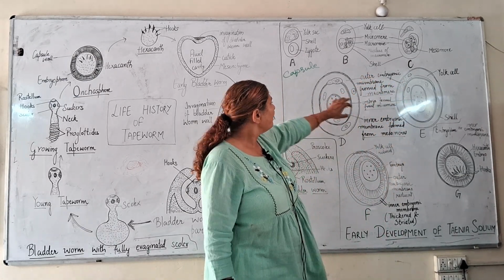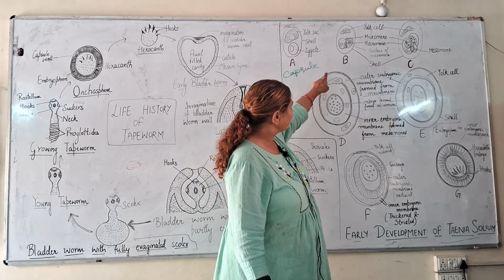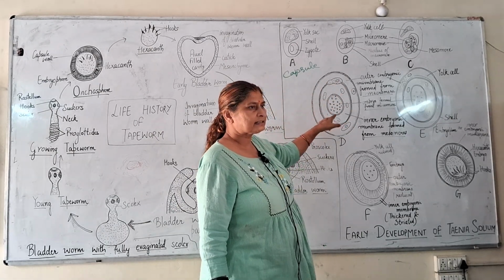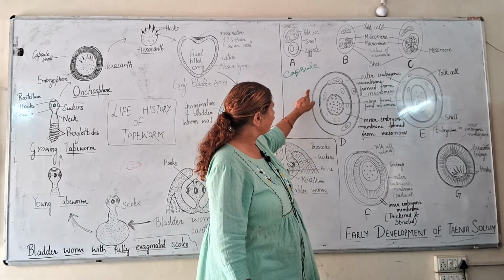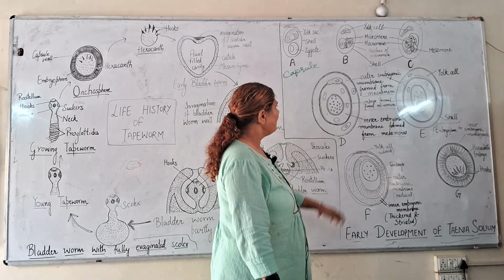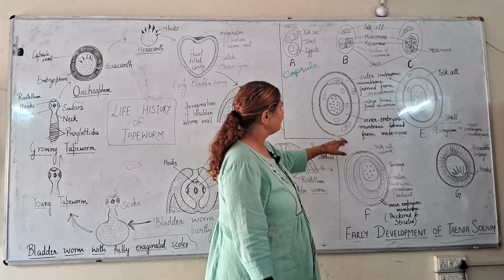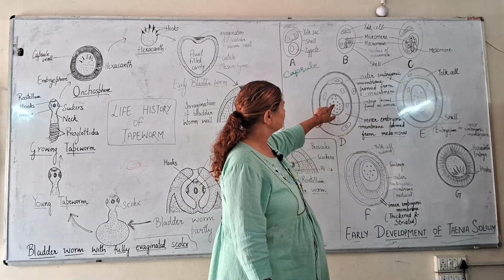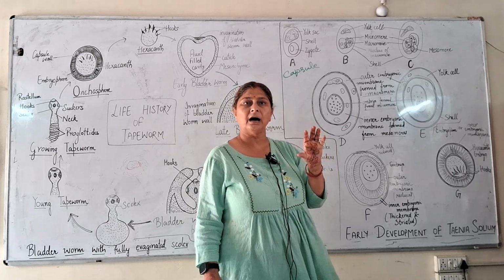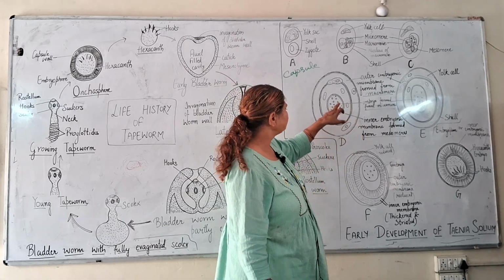You can see from this, the mesomeres. Now this mesomere, outer membrane, inner membrane and innermost membrane. You see three membranes. The outer embryonic membrane is formed from macromeres and the inner embryonic membrane is formed from mesomeres. The embryo, this is the actual embryo from where the animal is formed, that is, the Taenia is formed from here.